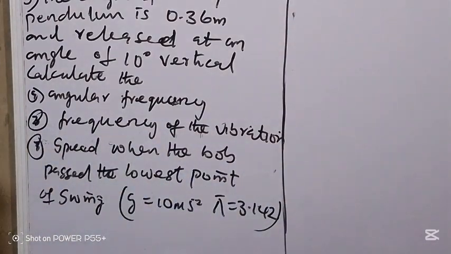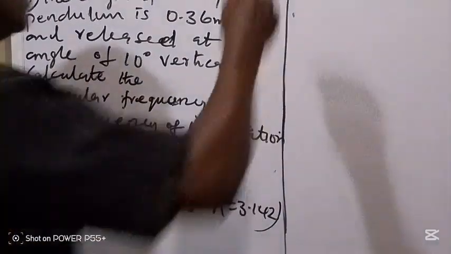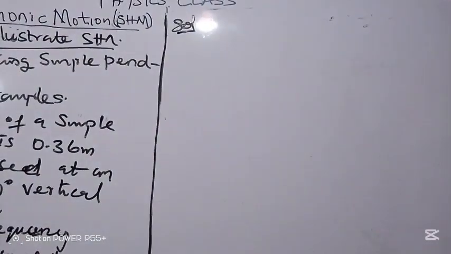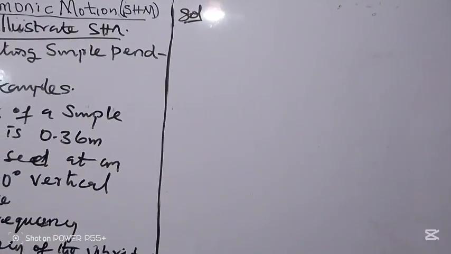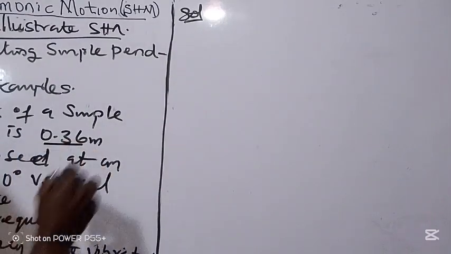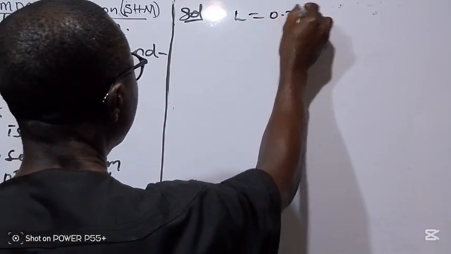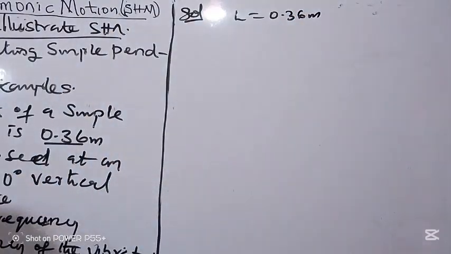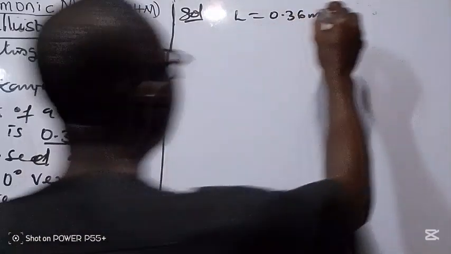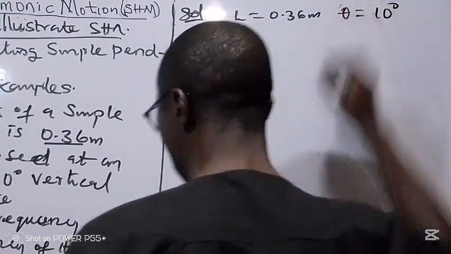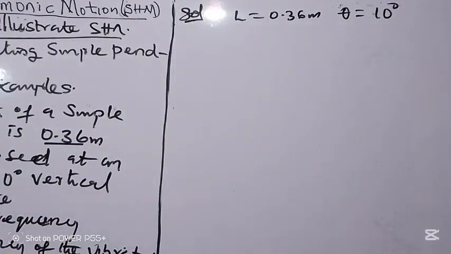Now from the question, we are given the length of the pendulum. L is given as 0.36 meter. Angle of displacement is equal to 10 degrees. So G is given and pi is given. So we have to calculate the angular frequency. That's A, and that is omega.